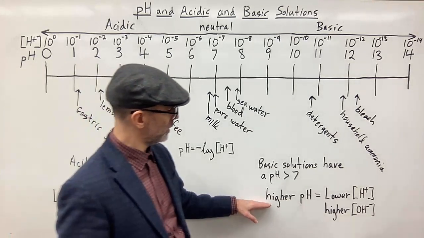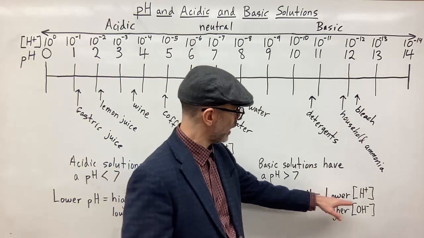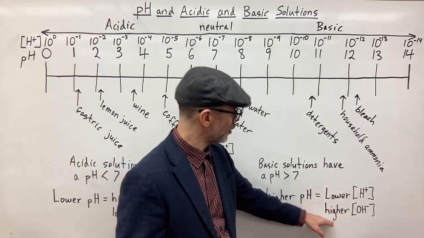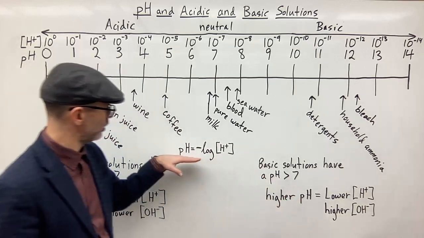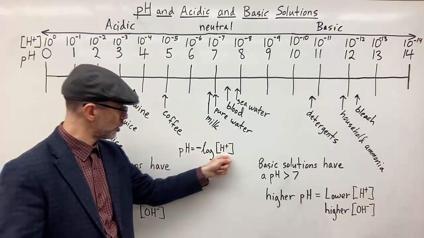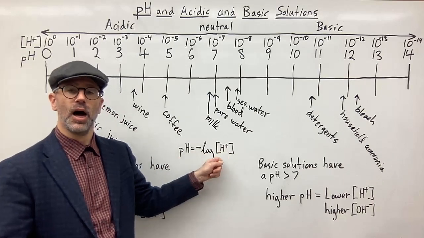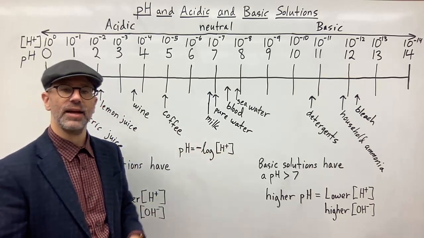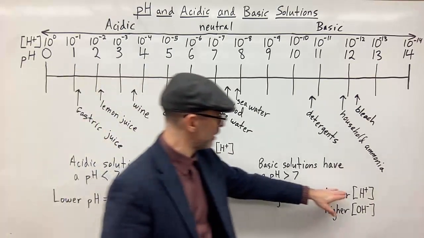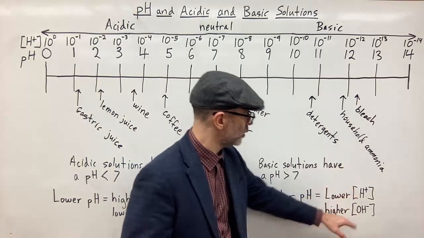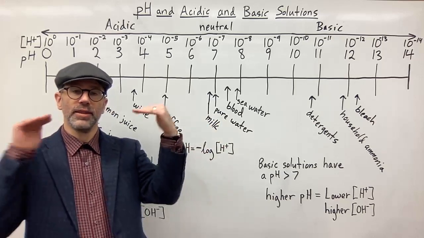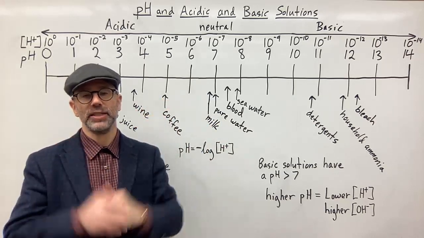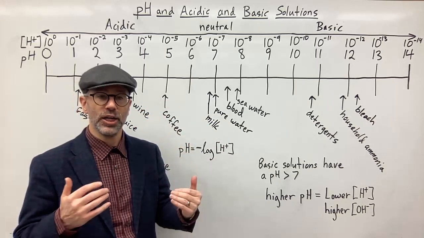The higher the pH, the lower the H plus concentration and the higher the OH minus concentration. So pH, according to the equation, is a measure of the H plus concentration, so we're going to be focused on that. But there is that balance between H plus and OH minus. If you have pure water, then the H plus concentration and the OH minus concentration are equal.